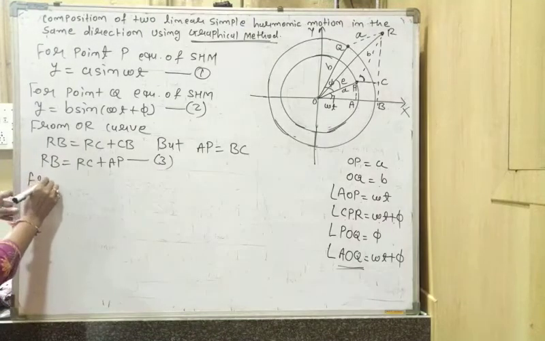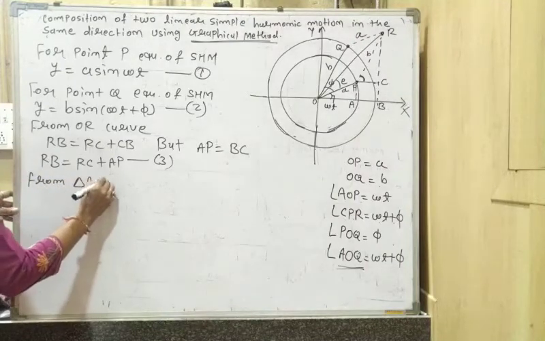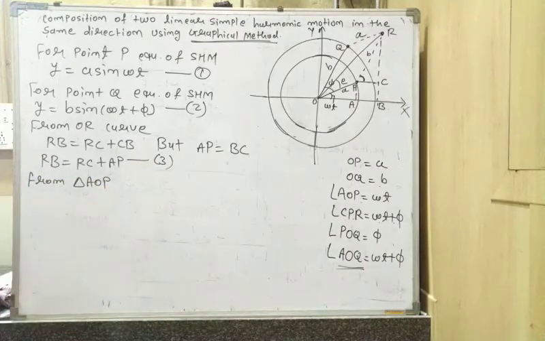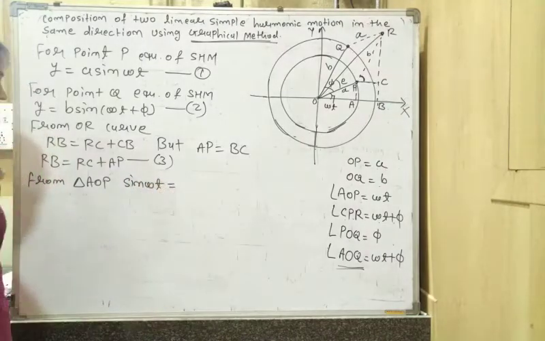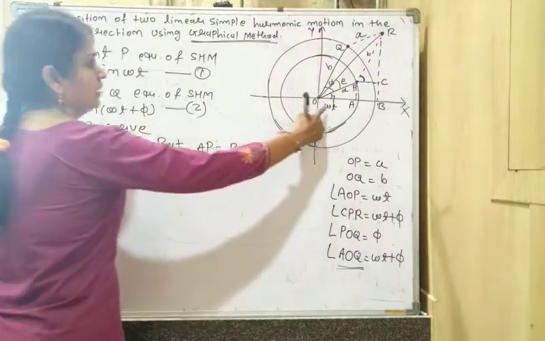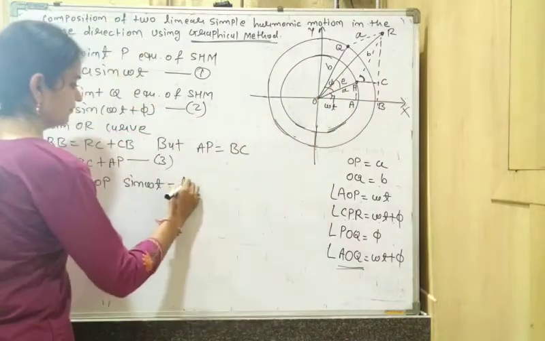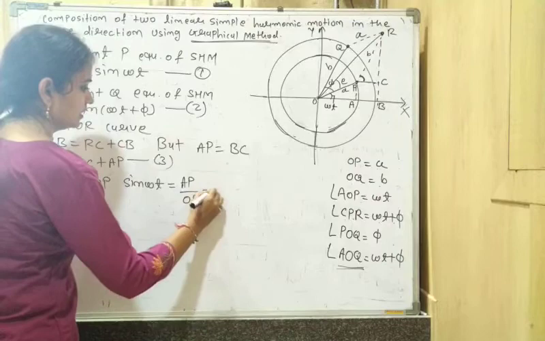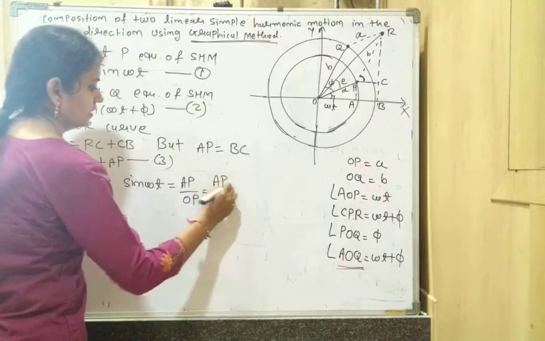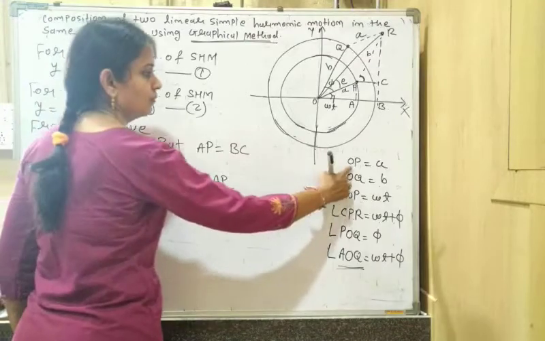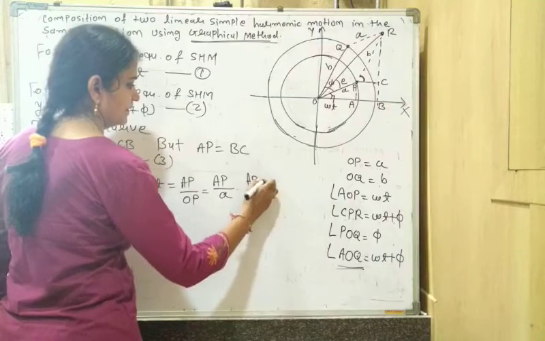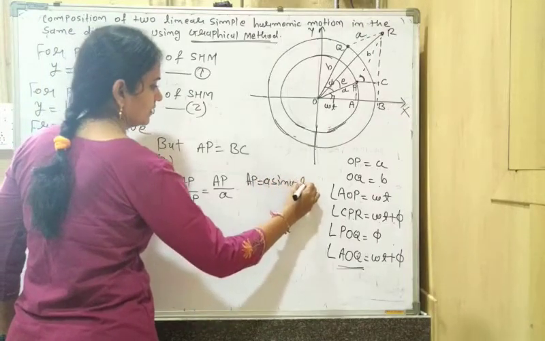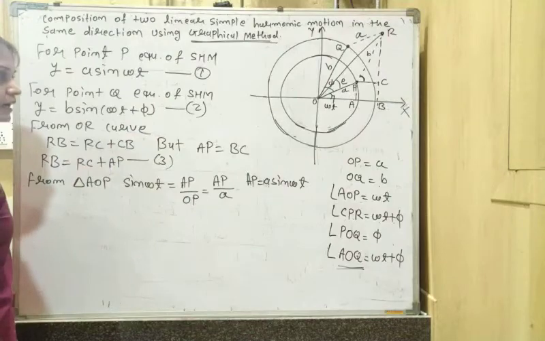Now from triangle AOP, as I mentioned earlier, if we want to calculate sine omega t, then it is AP upon OP. OP is our A. So AP is A sine omega t.